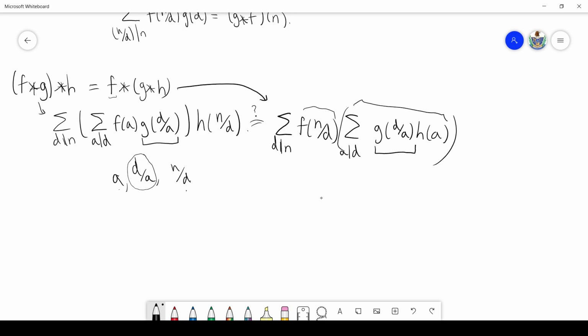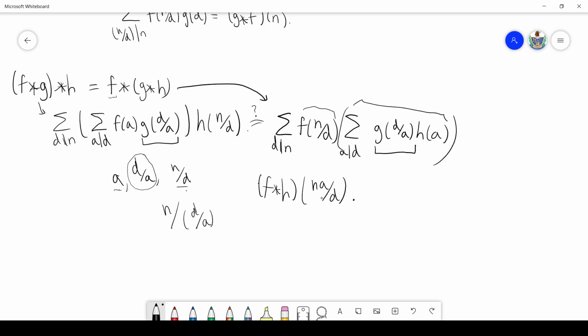So if we fix d over a, then we see that the other terms are f of n over d and h of a, and here we have f of a and h of n over d. And so clearly what's happening there is that you have f convoluted with h applied at n over d over a, because that's just the product of these two, where d over a is the number that we were fixing. So this is a fixed number.